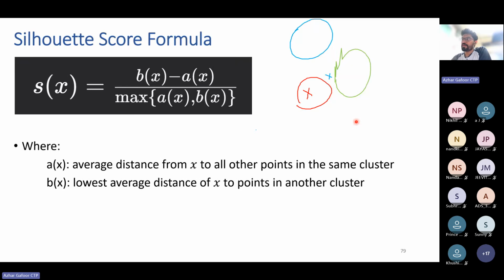So BX will be greater than AX. So here we have a positive number and the maximum will be BX. So positive divided by the maximum will give a positive number. If the clusters are very far apart, then the difference will be quite large, so BX minus AX will be higher, and the value will move towards the ideal one.